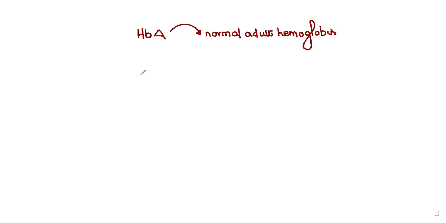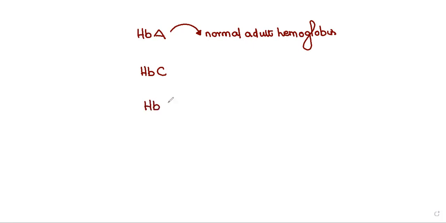So I'm going to say that there are so many hemoglobin types. We have hemoglobin A, that is the adult hemoglobin, and that is a normal hemoglobin every adult should have. Then we have hemoglobin C. This is abnormal. So apart from hemoglobin A, any other hemoglobin is abnormal.